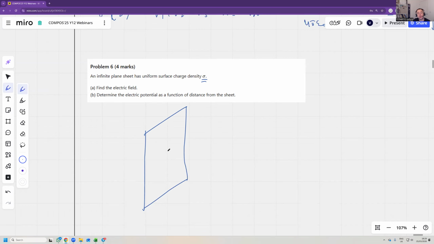Well, let's see. We used Gauss's law, and we saw that if this is a uniformly charged sheet, then it produces an electric field in an outwards direction.